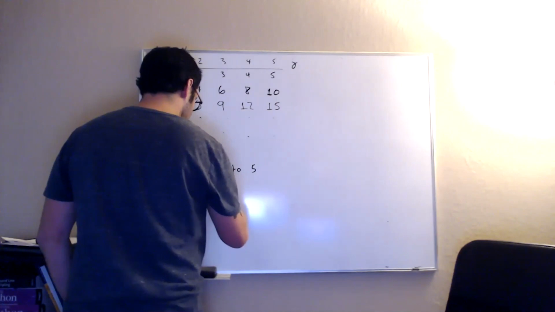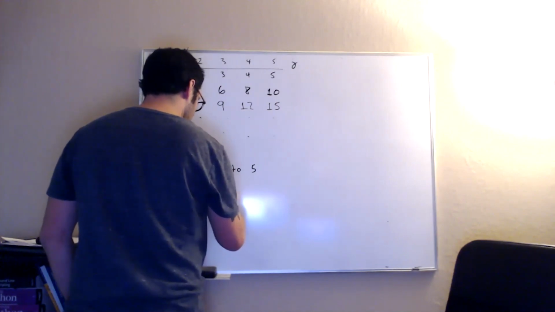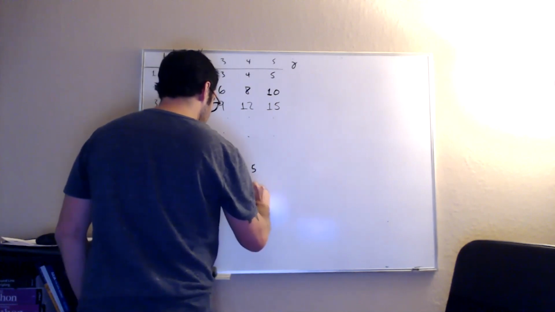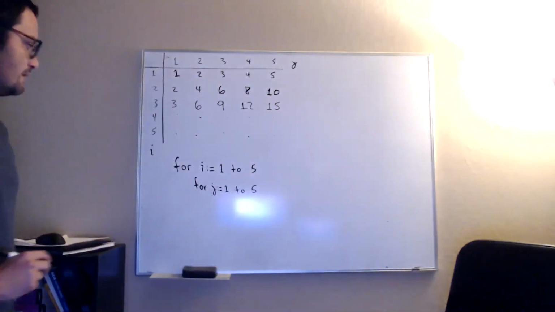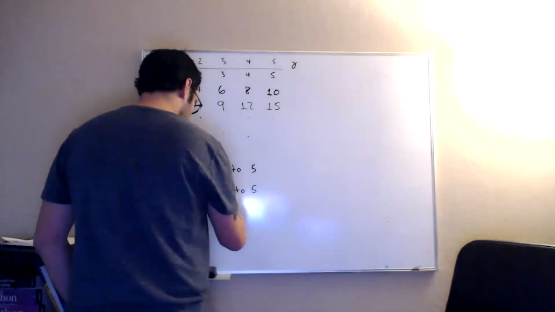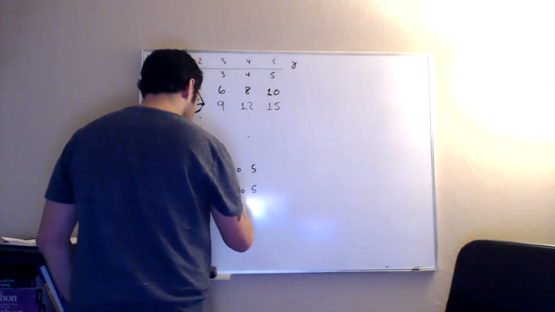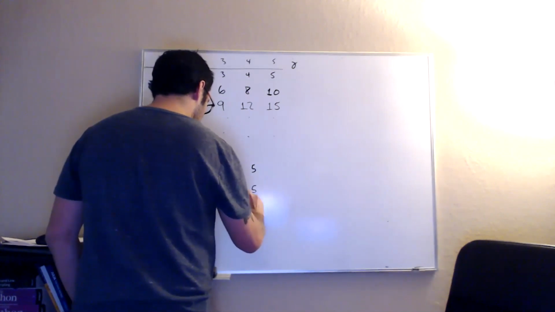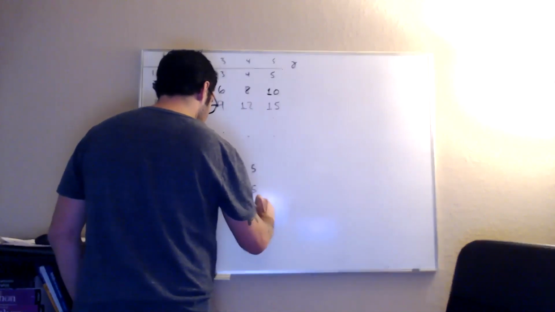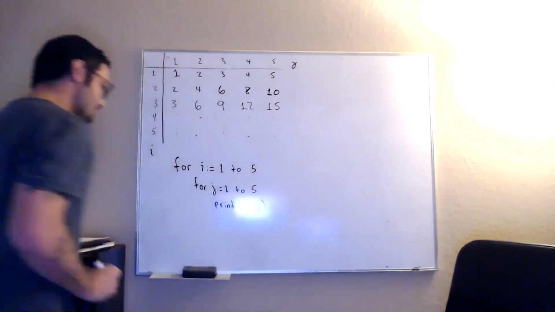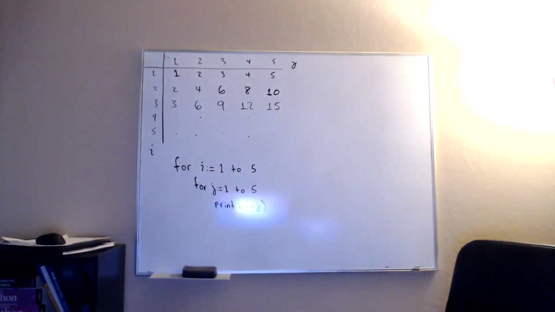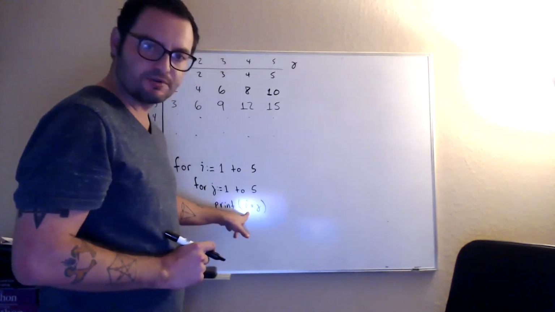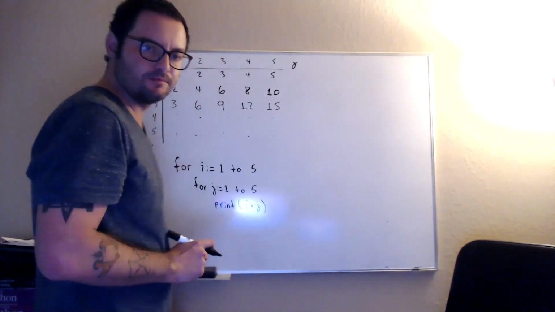For J equals 1 to 5, we can say something like print I times J. There's a little bit of glare, but inside of the parentheses here it just says I times J.